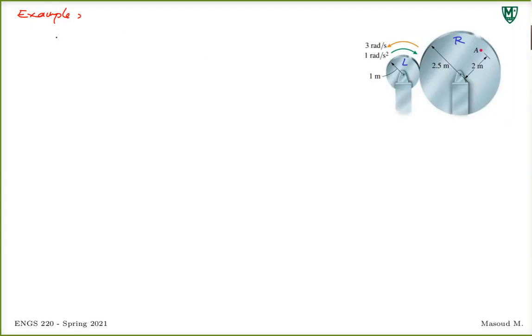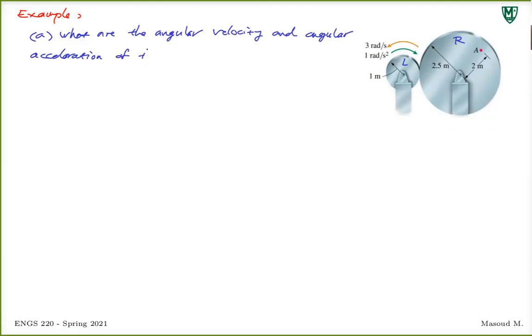All right. So what we want to find, part A, given all this information, is asking you to find the angular velocity and angular acceleration of the right disk.